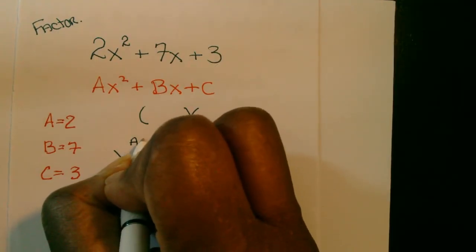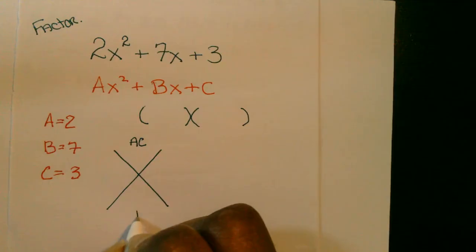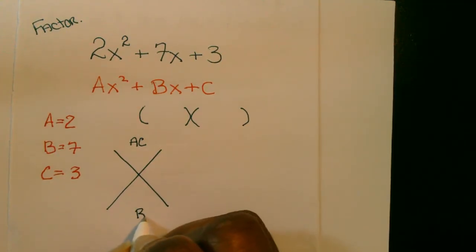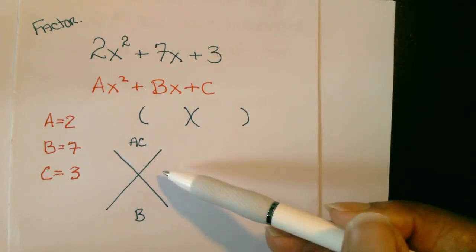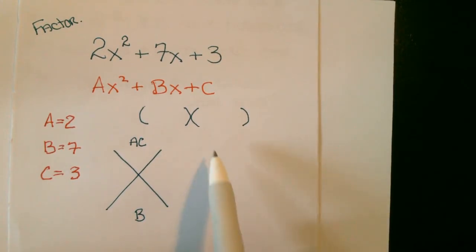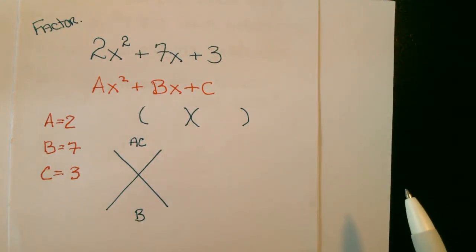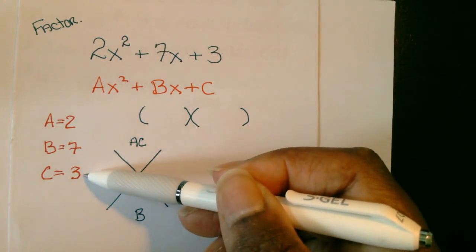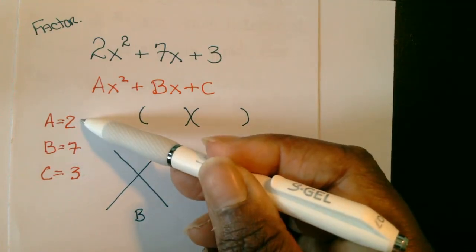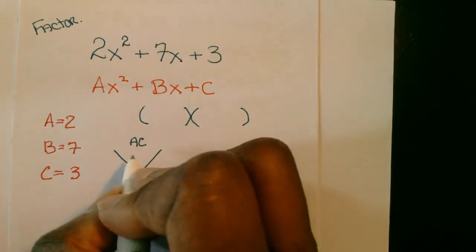This is an easier way that I like to do it, which is called the AC method. AC method is not named after me, even though that is part of my initials. What we do is we multiply. Some people like to do a cross, some people do it in table style. Either way, same thing. You multiply your A and your C together. So 2 times 3 gives me 6.